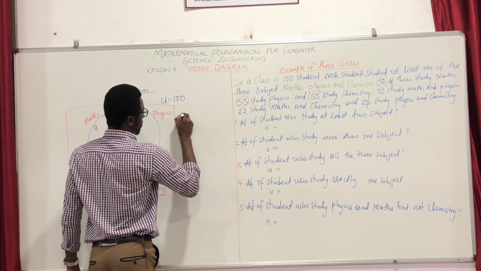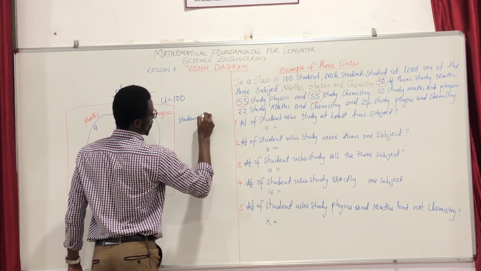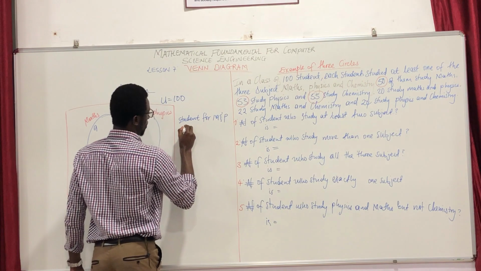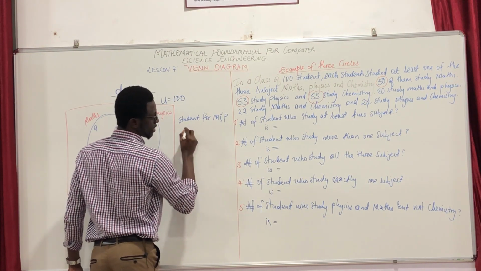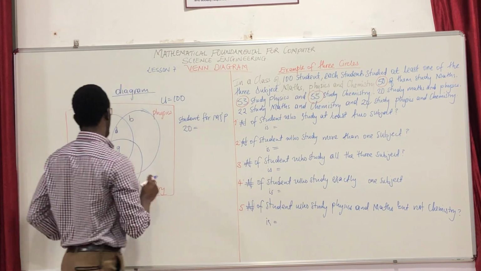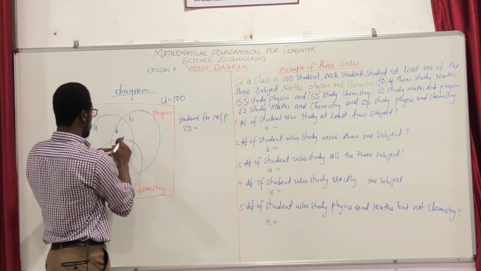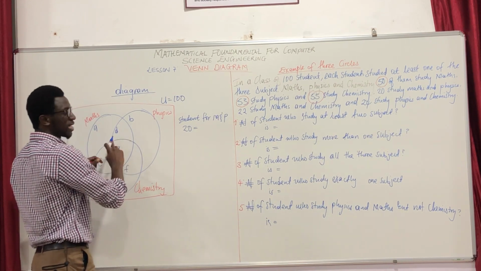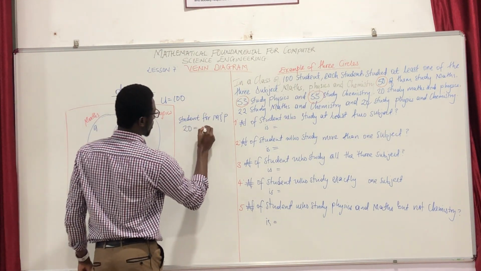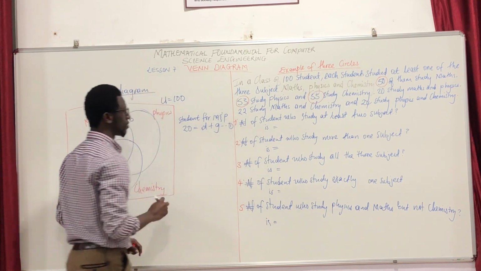So students for maths and physics, which is 20 here, is equal to, for maths and physics, we have here D plus G. Okay, because G is the central part of the intersection of all the subjects. So we say D plus G. This is our first equation.